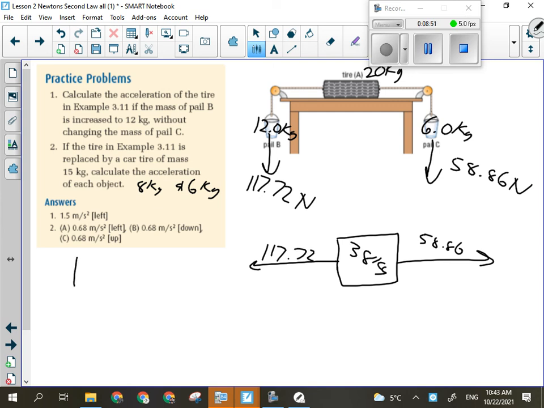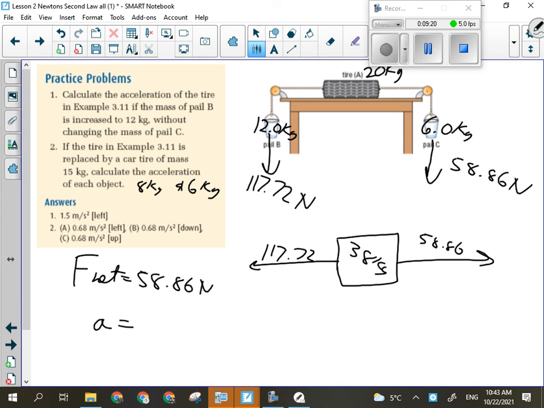We can calculate our net force in the same way we did on the last one. Sum of all forces. It's going to be 58.86 newtons, because this mass is twice that one, so the force of gravity would be twice the other. Everyone okay with that? Okay, I'm shortcutting and cheating on the math, but it's a legit cheat. It works. Okay. So I've got a net force of 58.86 newtons, and now I want to calculate the acceleration of the system, not just the tire.